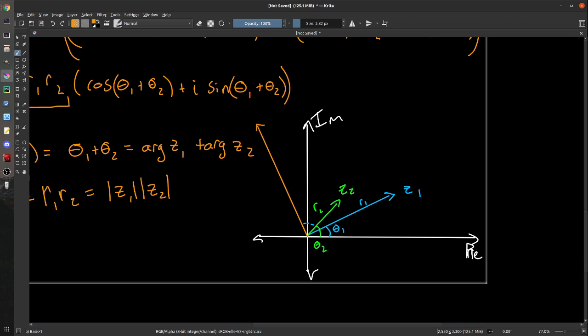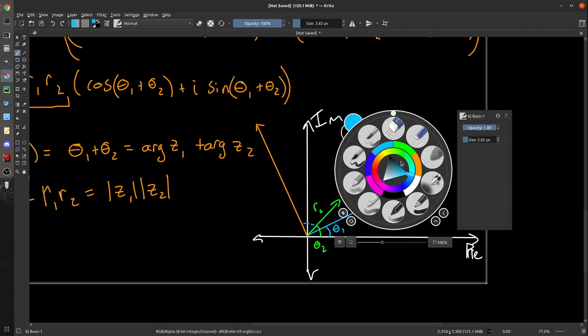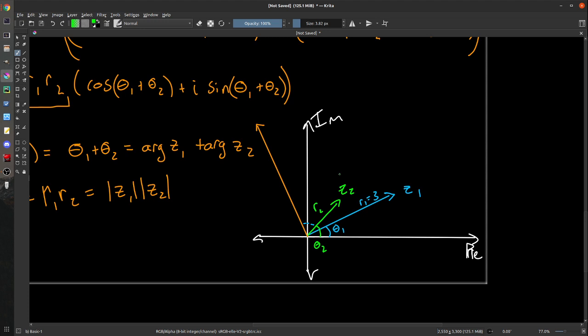Sorry for my indecision right there. Let's say that r1 is given by 3. Let's suppose that r2 is 2, just for convenience, because we have to pick something. So if you multiply them together to get this length right here, how long this orange guy is, r1 r2 is 6.